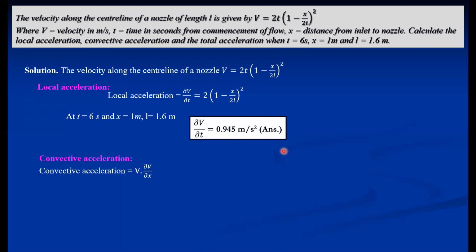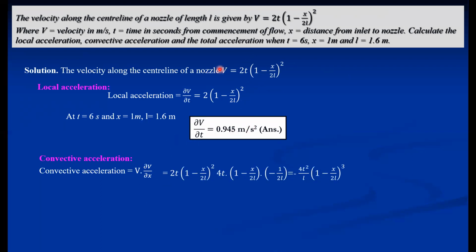As for the convective acceleration, it is along the x direction only, because only unidirectional flow is given. So the acceleration is v into del v by del x. There is no variation given along the y and z directions, so only one component of convective acceleration is there, v into del v by del x. V is already given.